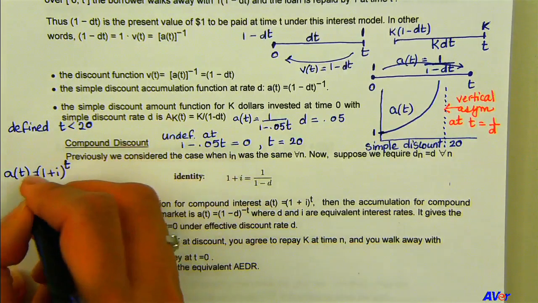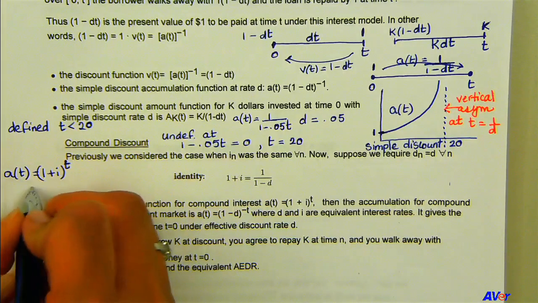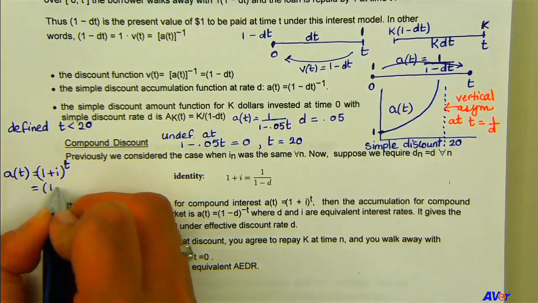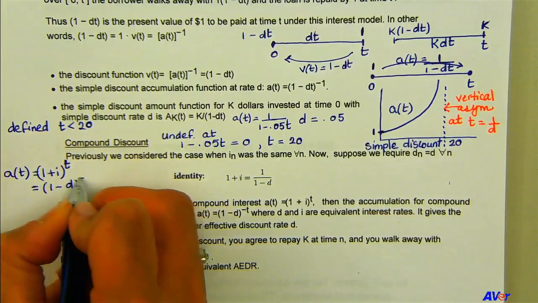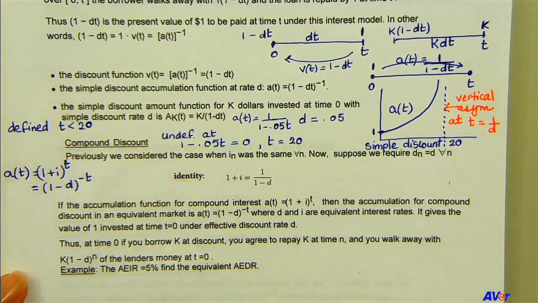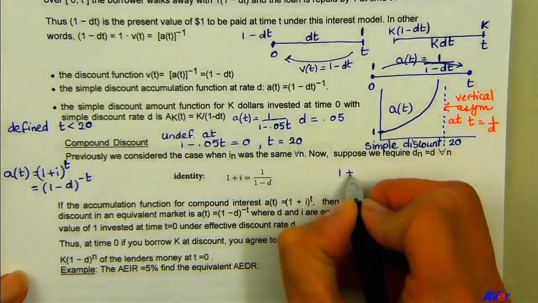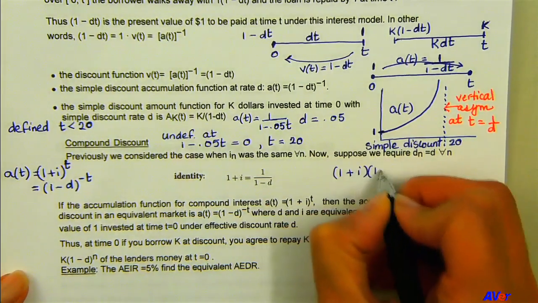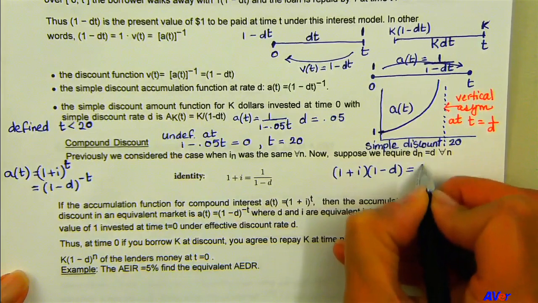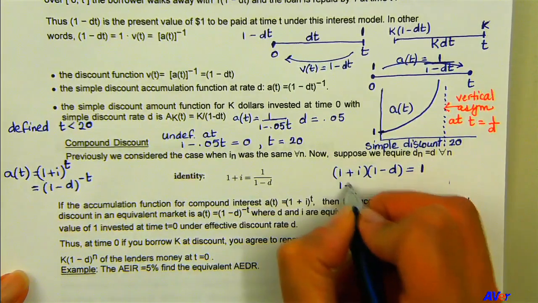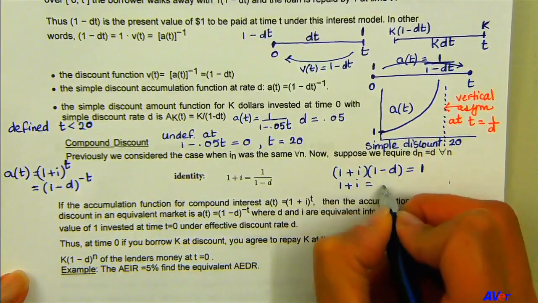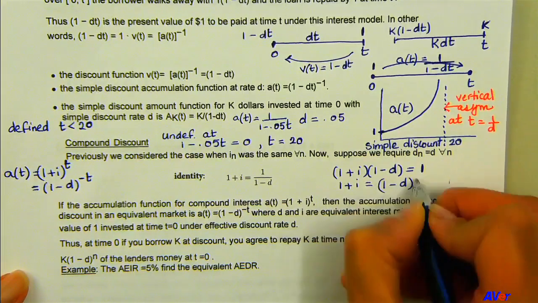So without much thinking, I can say that a of t is equal to (1 minus d) to the minus t. Why? Because I have this relationship that says that 1 plus i times 1 minus d is equal to 1. So 1 plus i is equal to (1 minus d) to the minus 1.